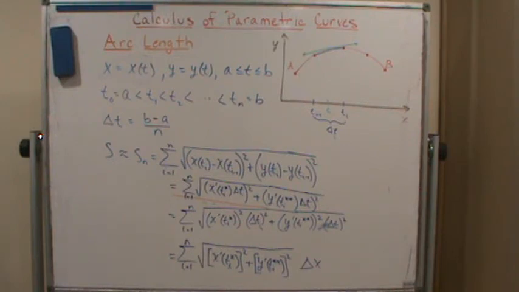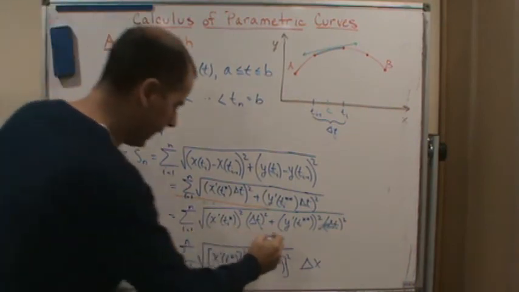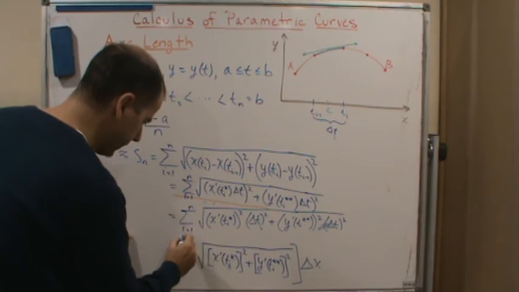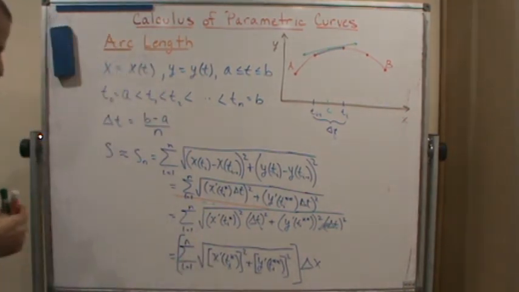And the fact that this can be pulled out, since there's no i's, this is just going to be the same, so this can be pulled out of the entire sum. Okay?